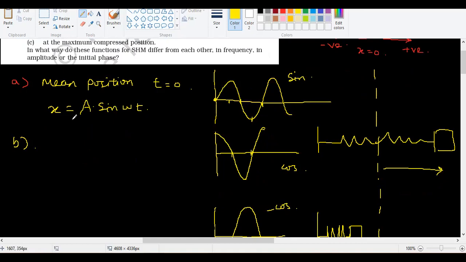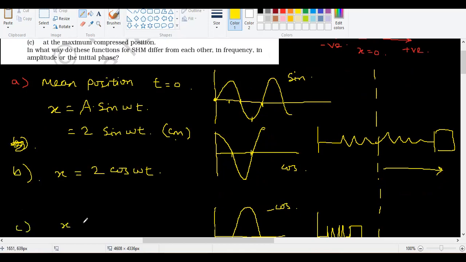So this can be written as x equal to 2 sine omega t, in centimeter. B part, this is cos, so x is equal to 2 cos omega t. C part, x is equal to minus 2 cos omega t.